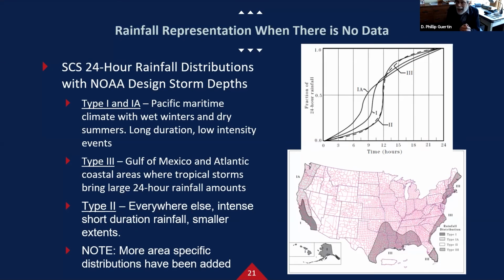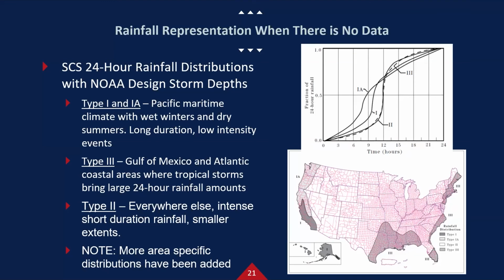So in many cases, we do not actually use rainfall data. We'll use some of these design storms to look at the impact of disturbance or look at the impact of urbanization.